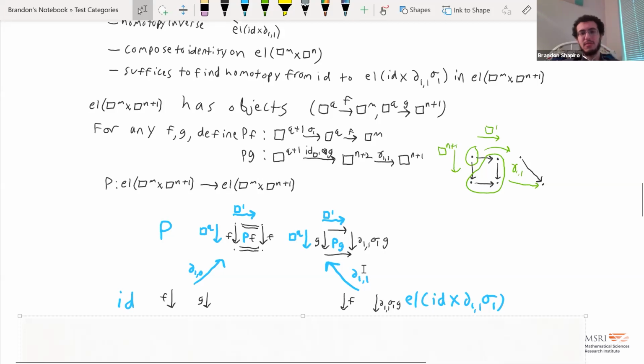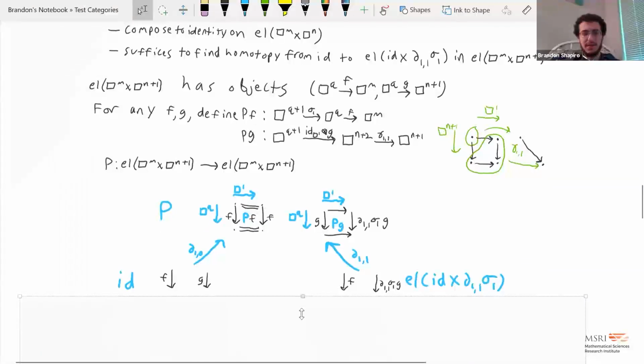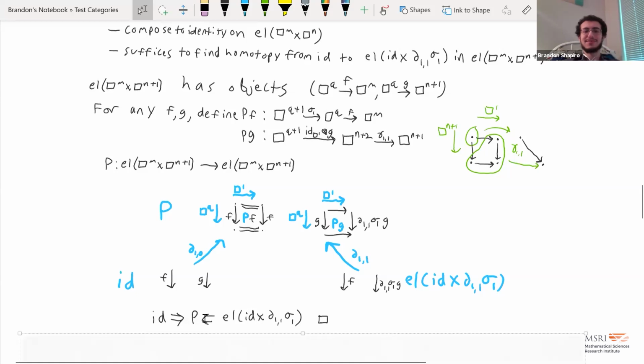And because these blue maps are actual maps in this category of elements, these amount to natural transformations. And so because of that, we have a zigzag of natural transformations from the identity to P and from this functor to P. So that gives us the homotopy we need.